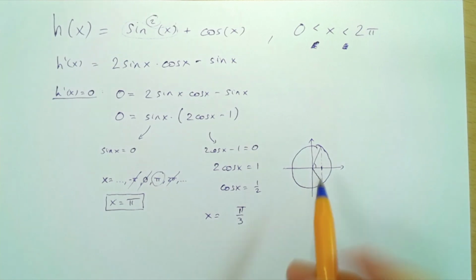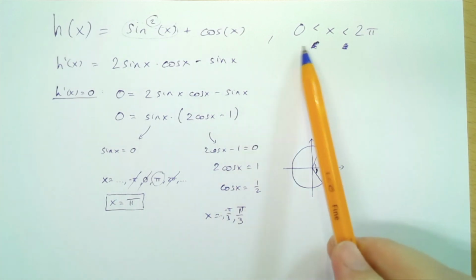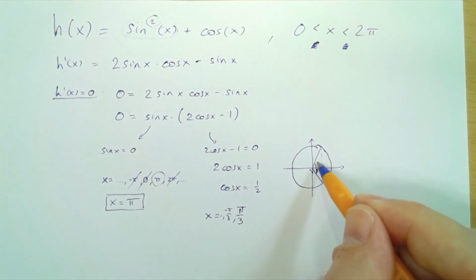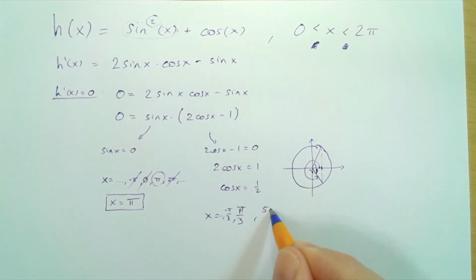For this angle here, it's tempting to say negative pi over 3. Let's write this down. But negative pi over 3 is not going to be in my interval. So how can I talk about this angle? I need to go around like this, and that is 5 pi over 3.